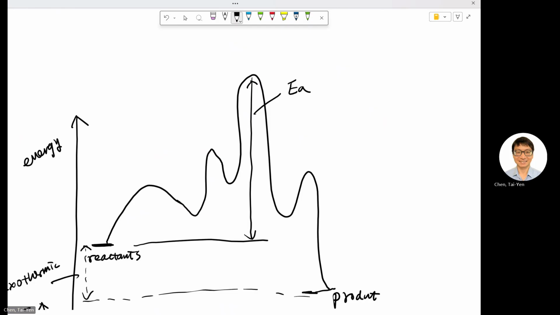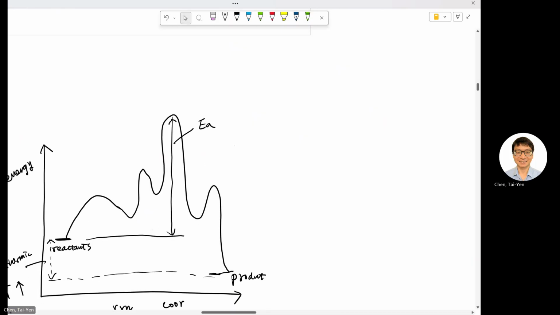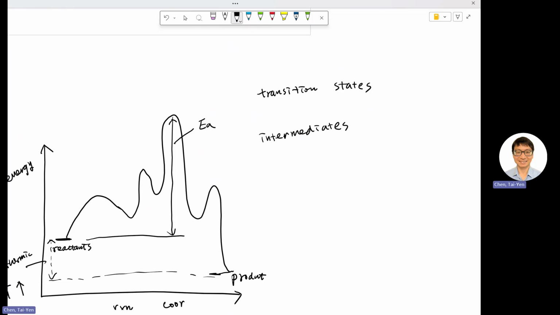Then I'm going to ask you the number of transition states and the number of intermediates.